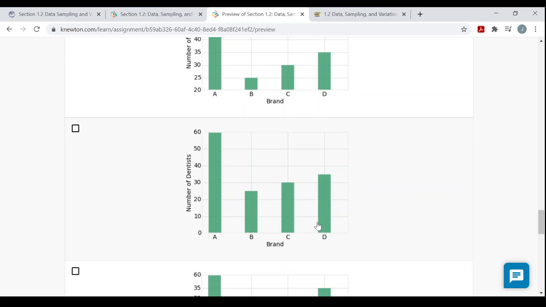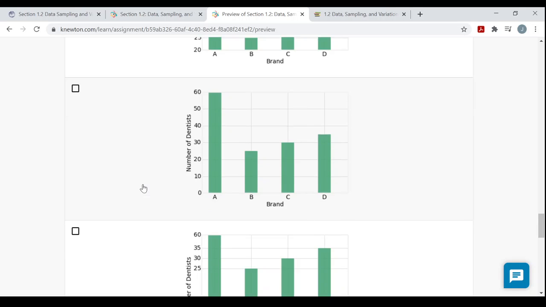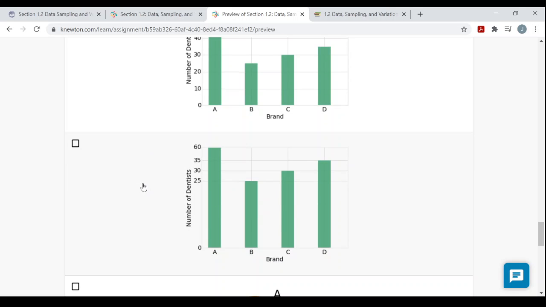This one's perfectly fine. You got the brands, the scale starting at 0, everything's nice and evenly spaced. It is not a misleading graph. This one is a little messy. Yeah, the scale starts at 0, but the numbers on the scale are not evenly spaced.